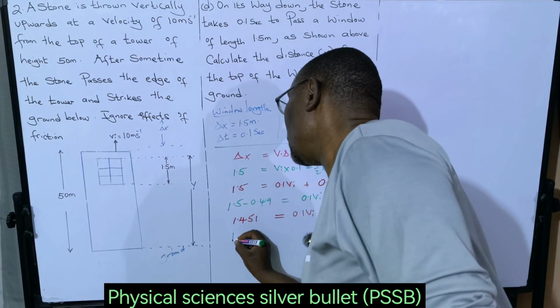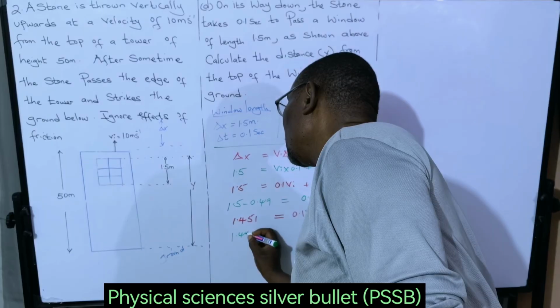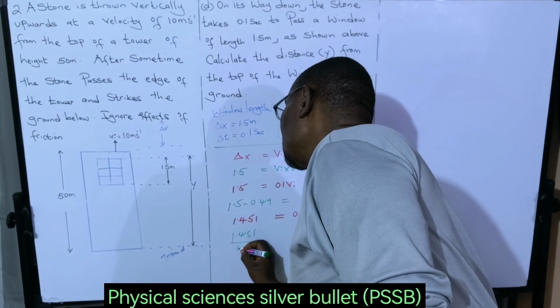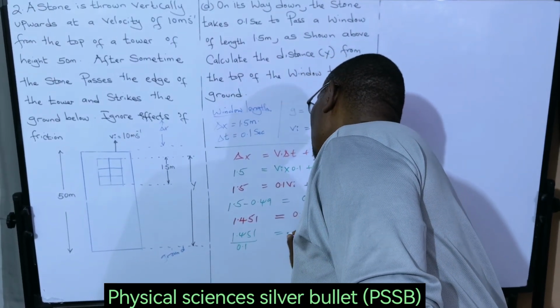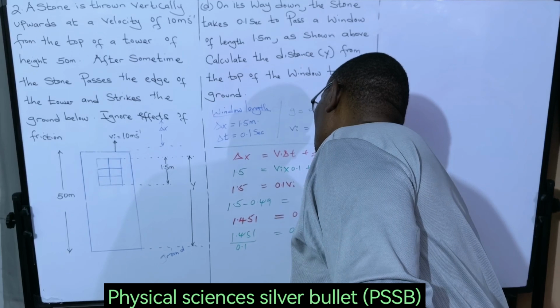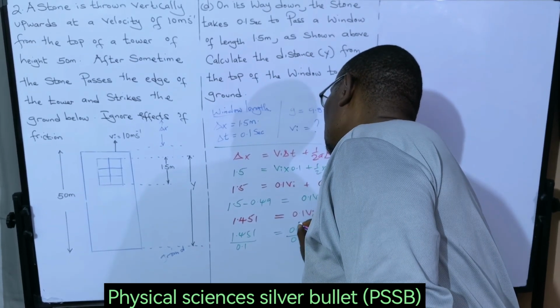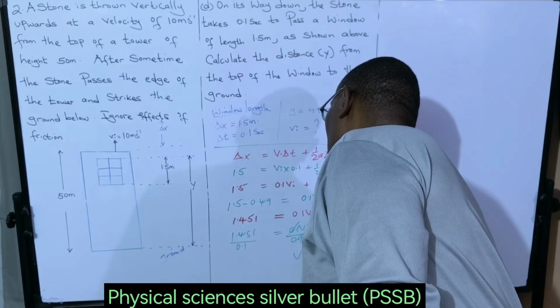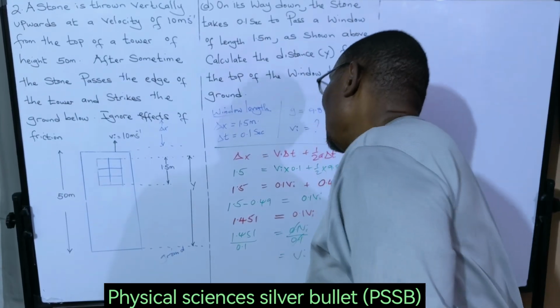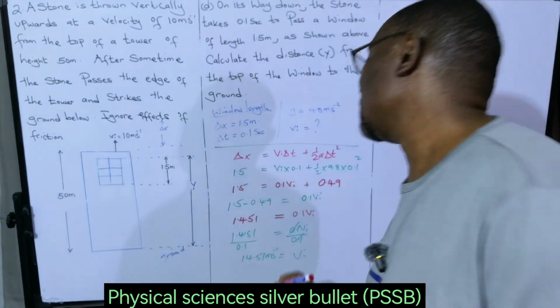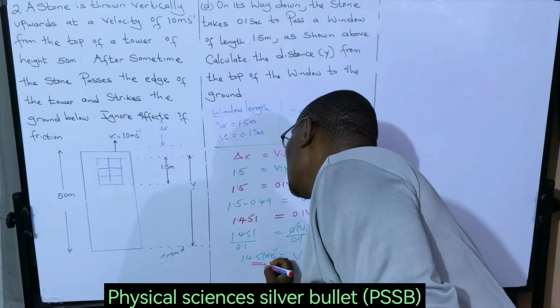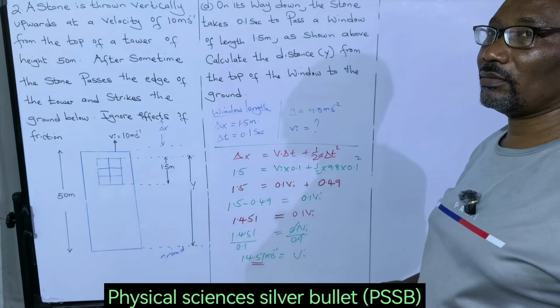So we have here 1.451 divided by 0.1, giving us 0.1 VI over 0.1. So you have your VI.